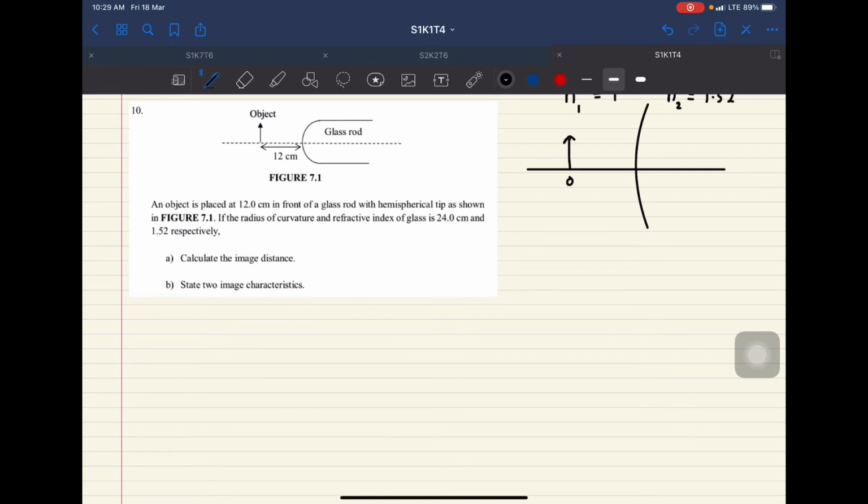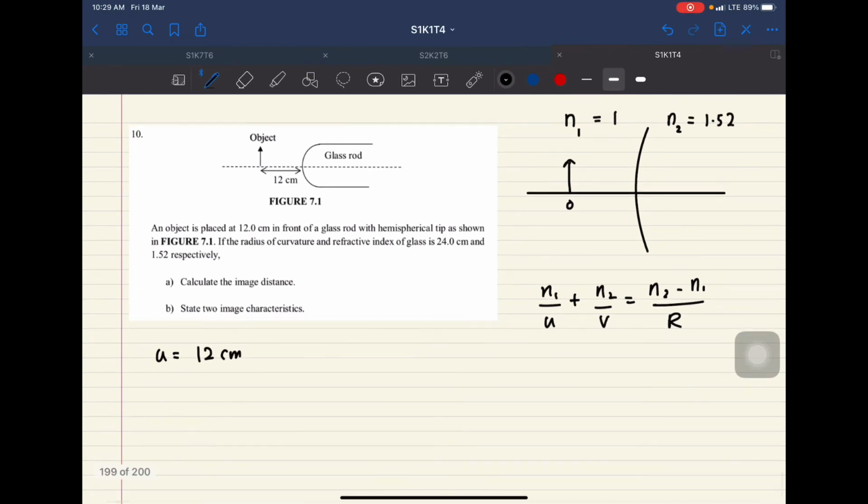The formula that you want to use is N1 over U plus N2 over V equals to N2 minus N1 over R. Okay, so U is equal to 12 centimeter, N1 equals to 1, N2 equals to 1.52. Okay, R is equal to 24.